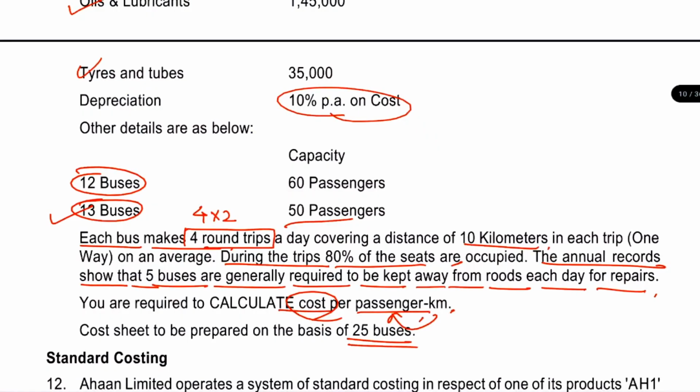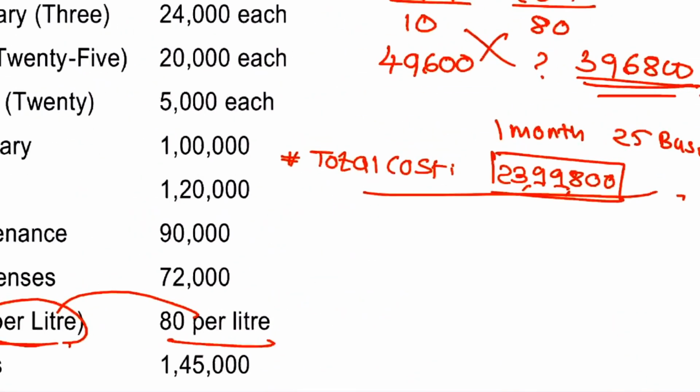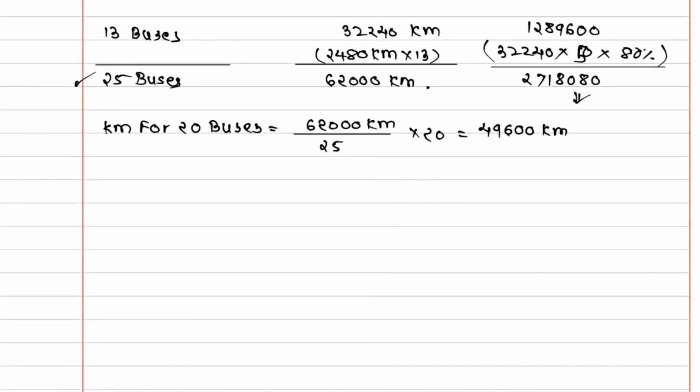Okay, I have my cost with me. That was 23,99,900. That is the cost which is there with me. So if I divide it by passenger kilometers, I will get my cost per passenger kilometer.